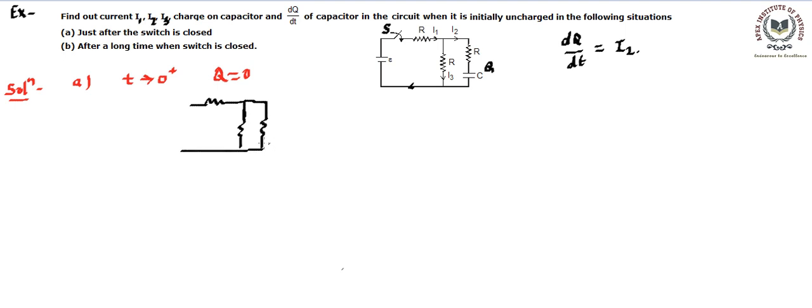That means it will behave like a conductor, and on this part there is going to be a battery that is connected, and this will become the circuit. So this circuit will be appearing like this. This is EMF, this is resistance R, this is resistance R, this is resistance R.